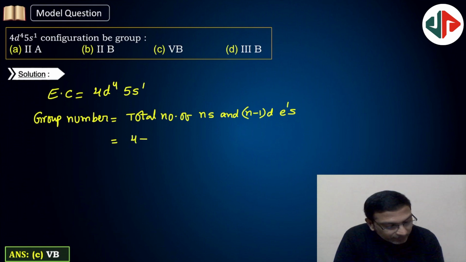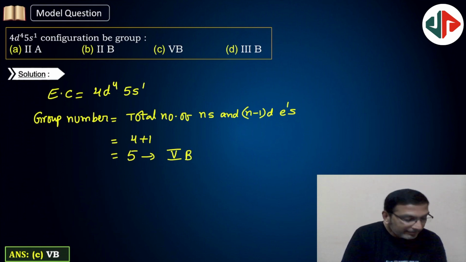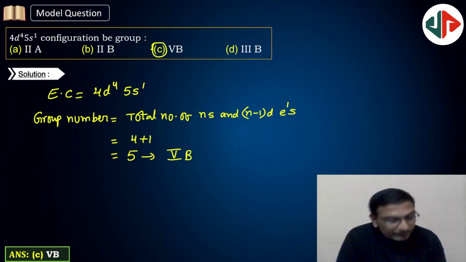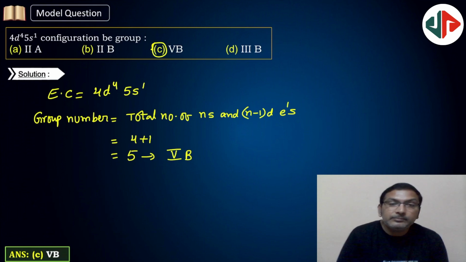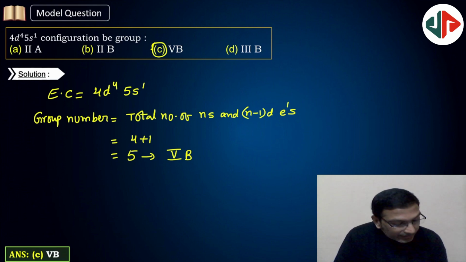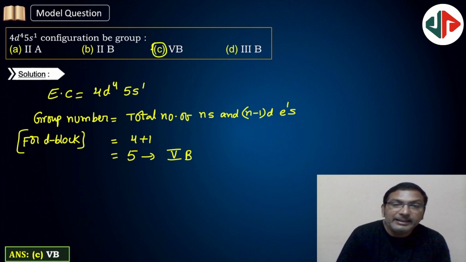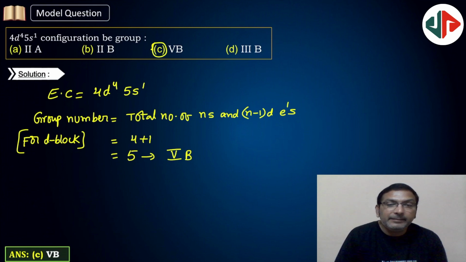So that is 4 plus 1, which is 5. That means fifth B group. Option C. So for d block elements, group number will be equal to the total number of ns and (n minus 1)d electrons. Fifth B. Next.